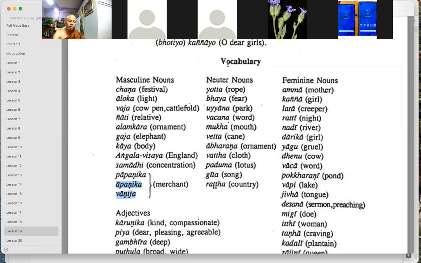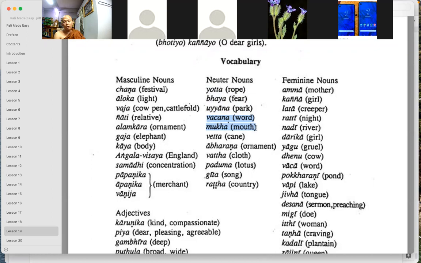And now vocabulary, neuter nouns. So yutta, rope, and bhaya, fear, and uyyana, park or grove, and the vachana, word. So mukha, mouth, but mukha has three meanings.